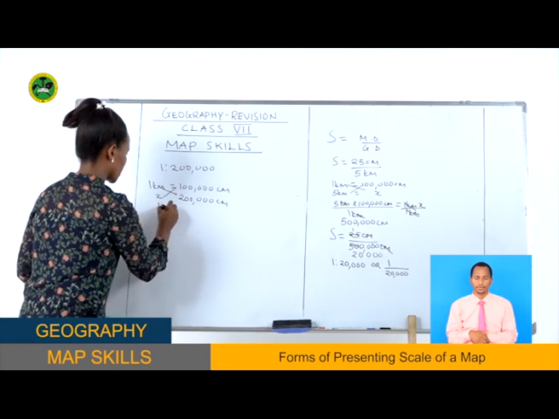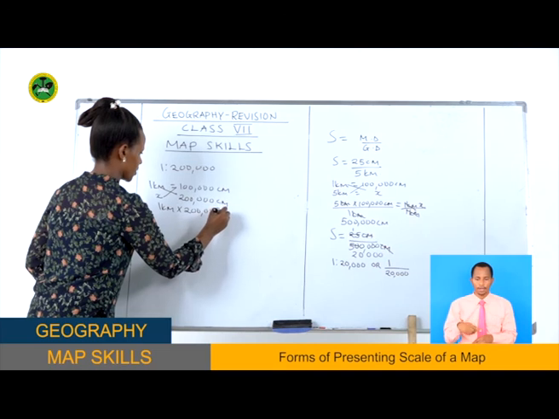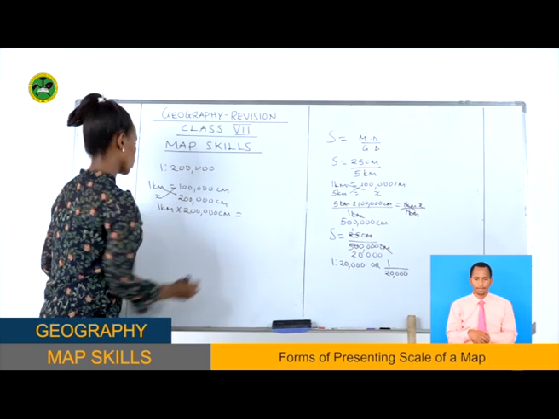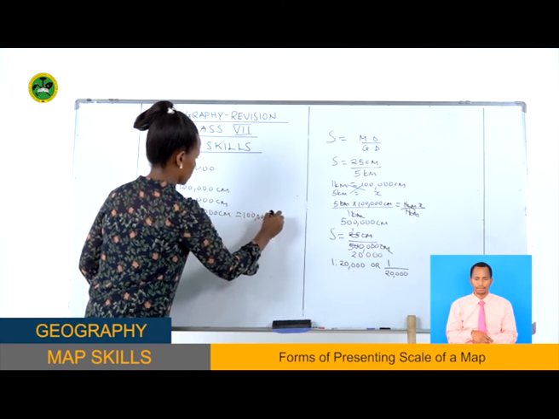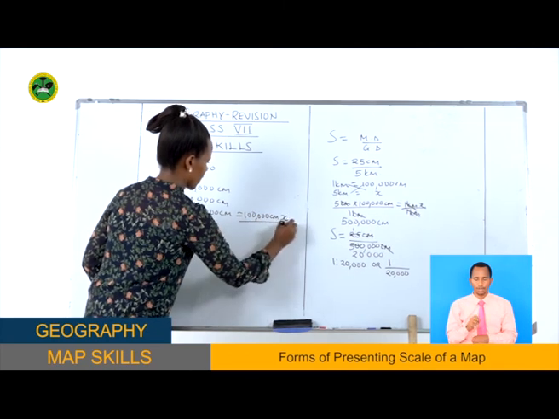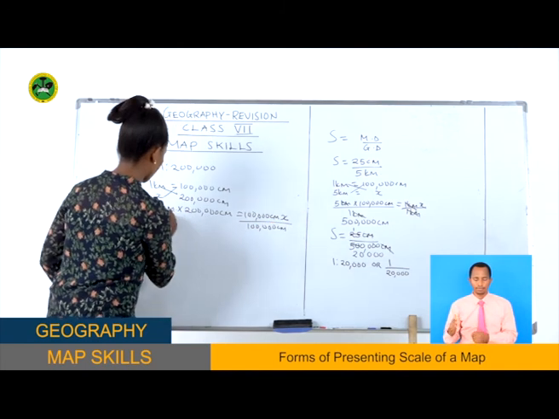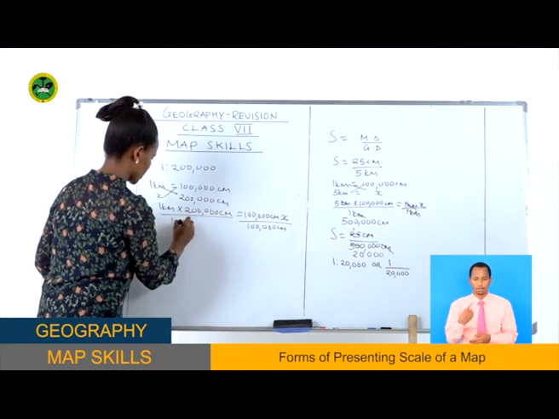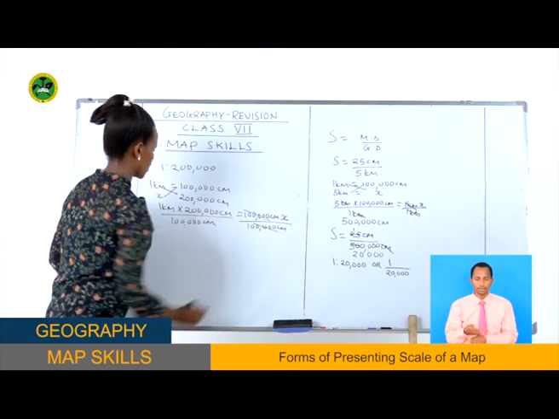Then 1 kilometer times 200,000 centimeters is equal to 100,000 centimeters times x. Divide by 100,000 centimeters, 100,000 centimeters. This side has gone.